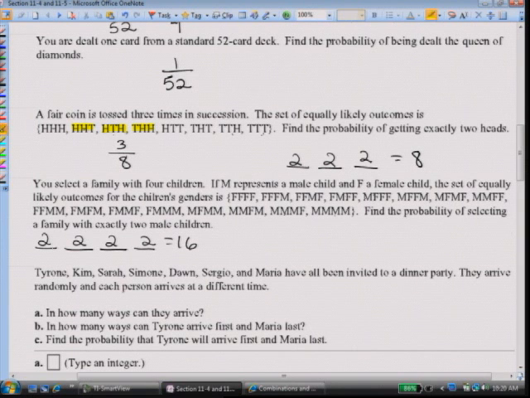Now you want to find a family with exactly 2 male children. So you come through and count 1, 2, 3, 4, 5, 6, right? 6 out of 16. So we have 6 out of 16, which reduces to 3/8.